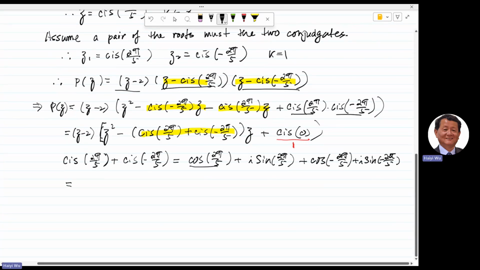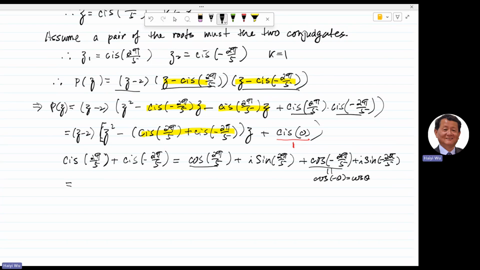All right, so keep going. These 2, can you see cosine theta? That's a negative cosine theta we can put in, because we know cosine negative theta is positive cosine theta. So those 2 together become 2 cosine positive 2 pi over 5.